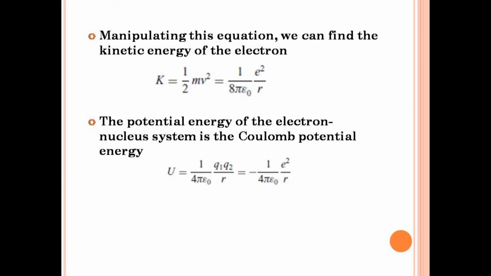By rearranging that equation, we can find the kinetic energy of the electron: K = ½mv² = 1/(8πε0) e²/r. Also, the potential energy of the electron-nucleus system is the Coulomb potential energy, U = 1/(4πε0) q1q2/r = −1/(4πε0) e²/r.